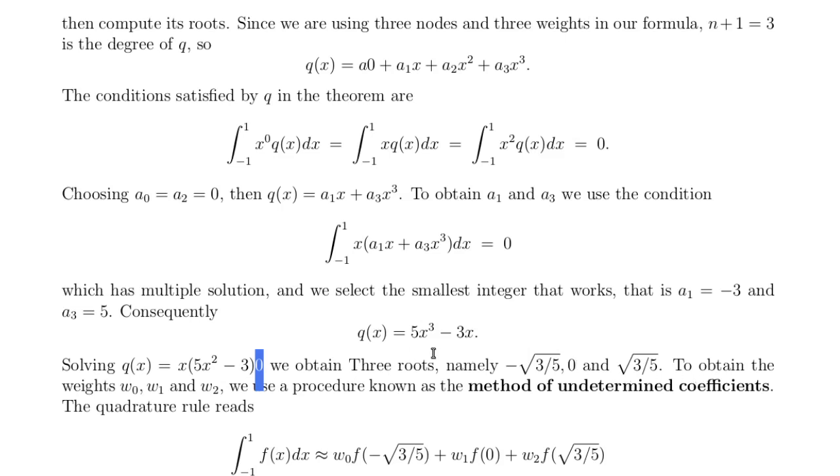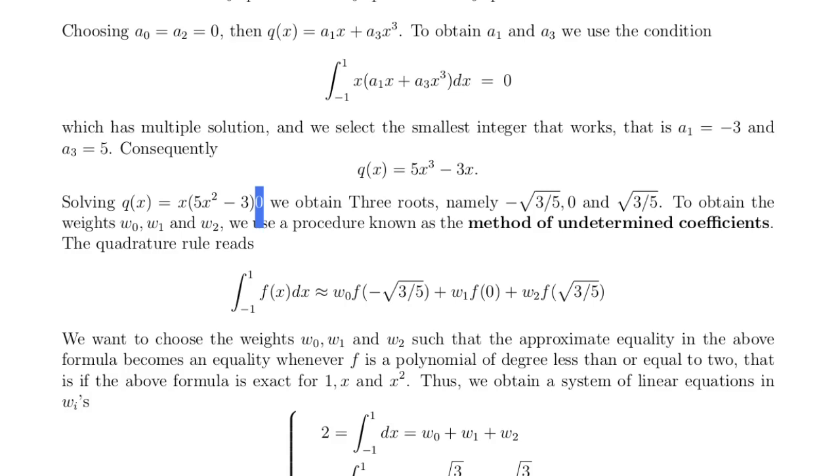Now we need the w's, and for the w's, you can integrate directly the cardinal function if you want, or you can use a method, which is the one that we are using here, which is called the method of undetermined coefficients.